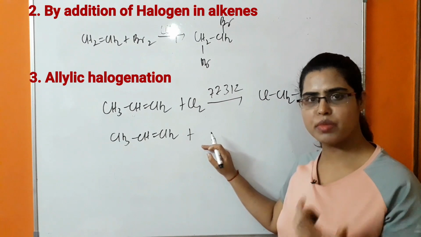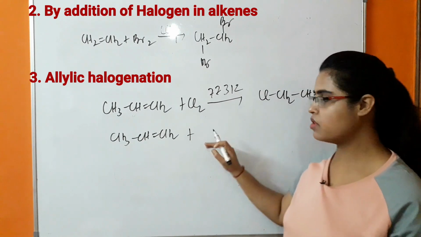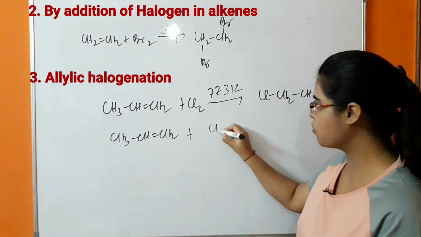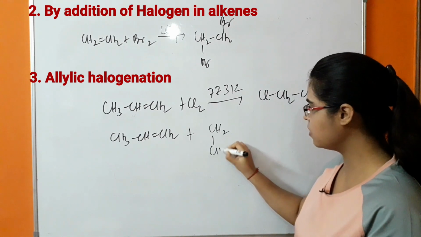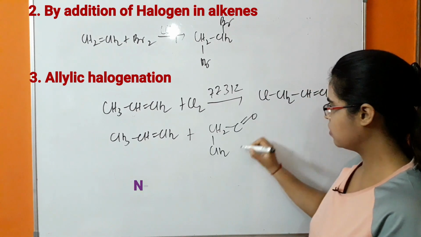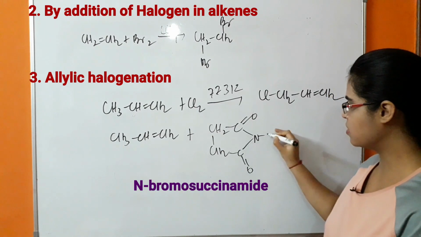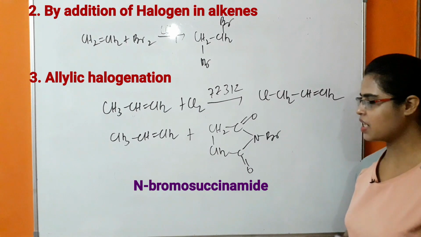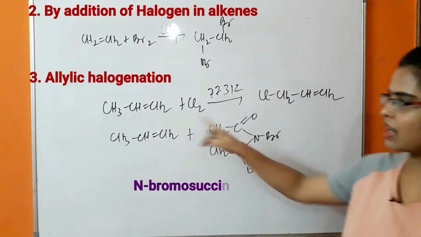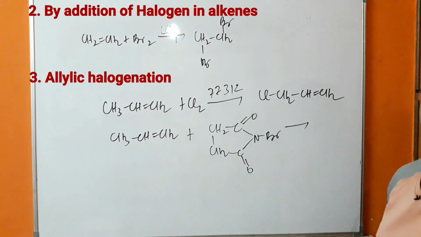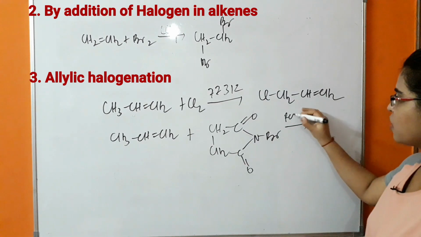For allylic bromination, we take another reagent which is known as N-bromosuccinimide. So what is the formula of N-bromosuccinimide? So this is N-bromosuccinimide. What is happening in this case? This bromine will attack the allylic carbon. This reaction takes place in the presence of peroxide.